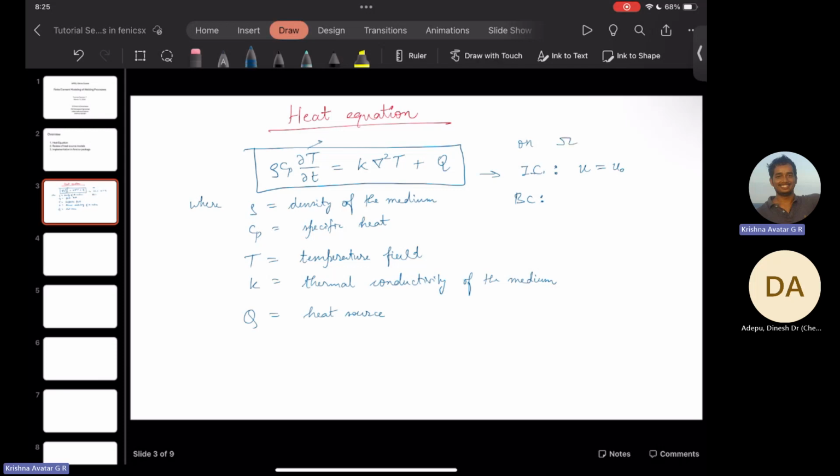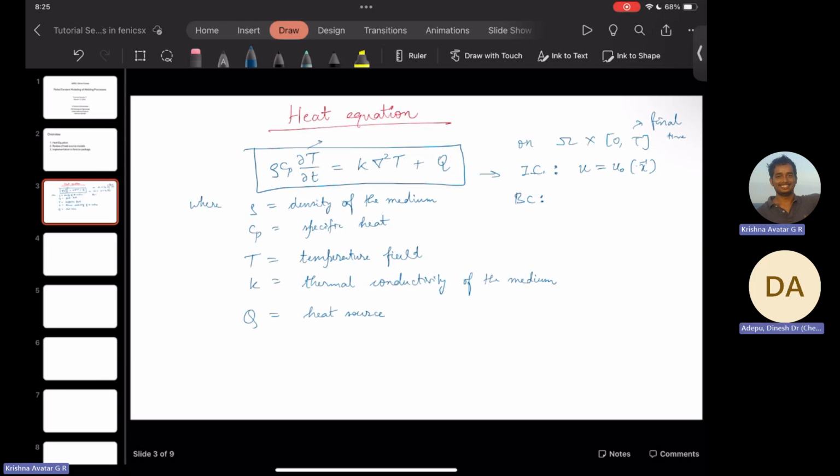We define the domain as omega cross 0 to t, where t is the final time. T naught is a function of the x vector, which, depending on whether it's 1D, 2D, or 3D, is x, xy, or xyz.